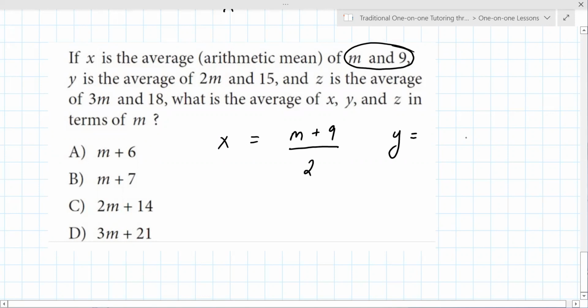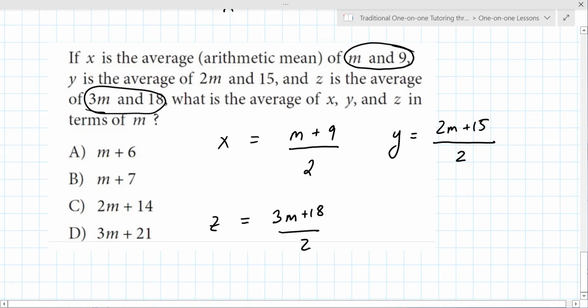Y is the average of 2M and 15. So you again divide by 2. How about Z? What is the average of 3M and 18? Yes, so 3M plus 18 over 2.